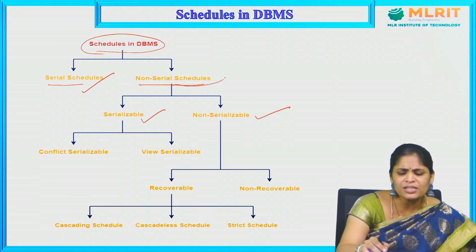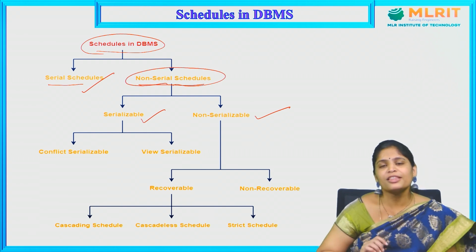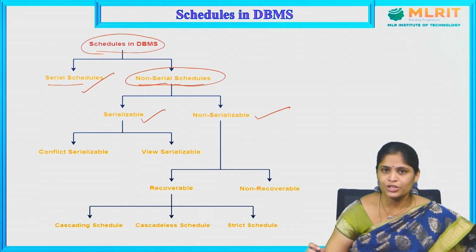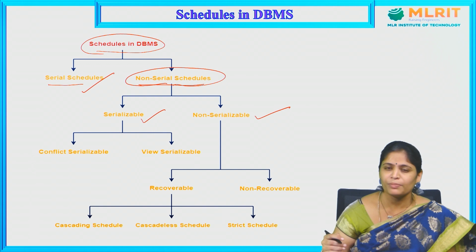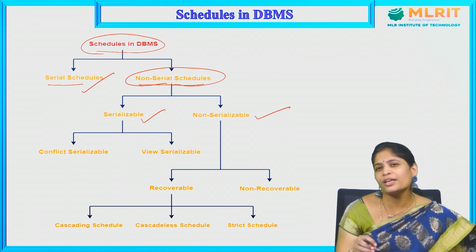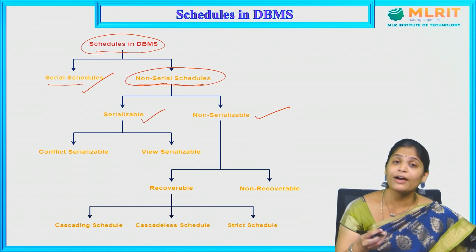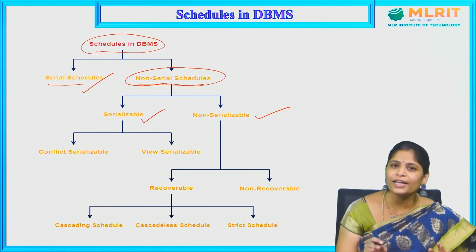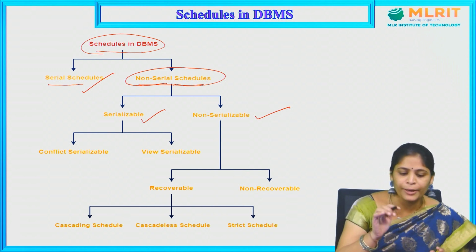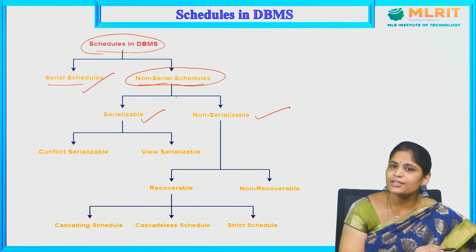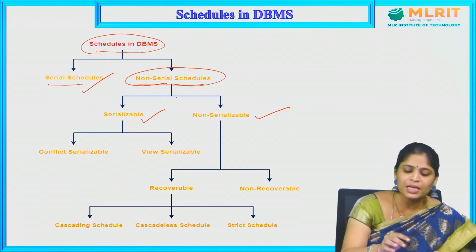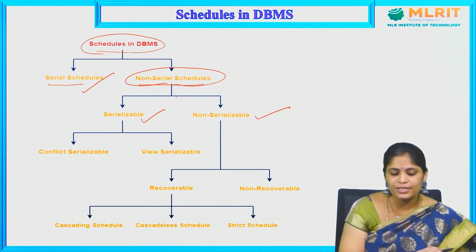Non-serial schedules are nothing but concurrent schedules which are not in a serializable manner, and those concurrent executions we can also make serializable, as dealt with in our previous sessions.